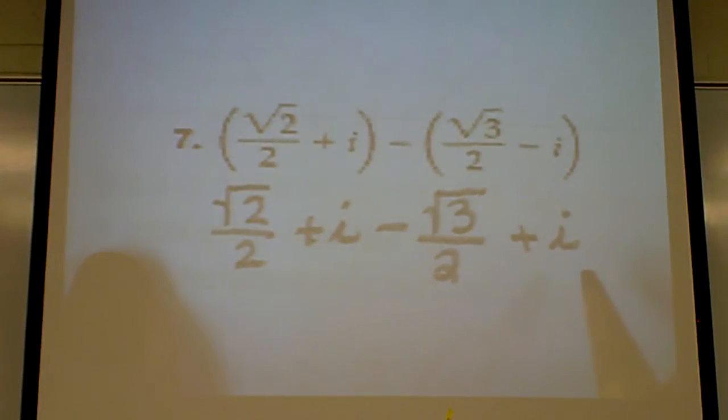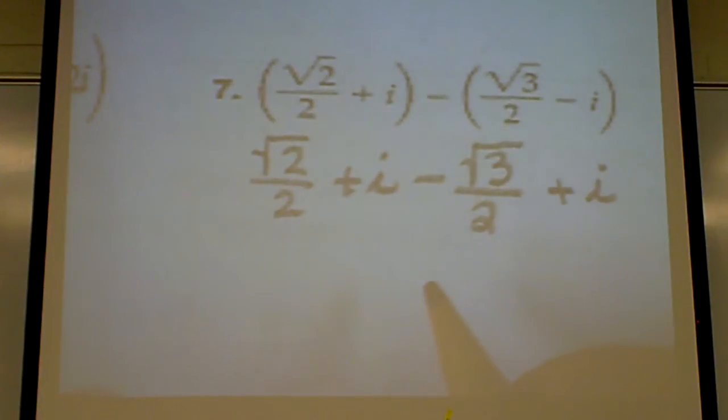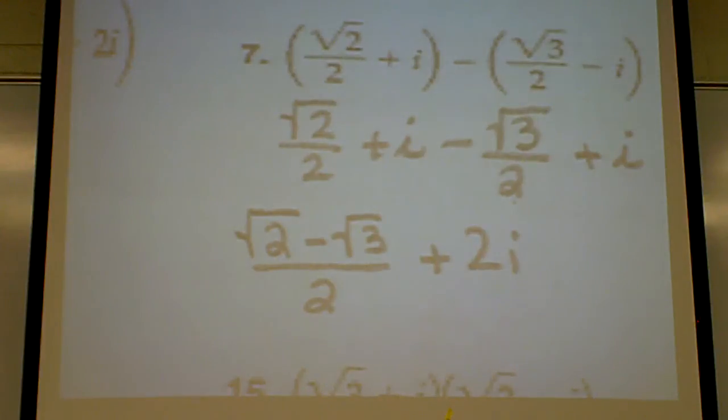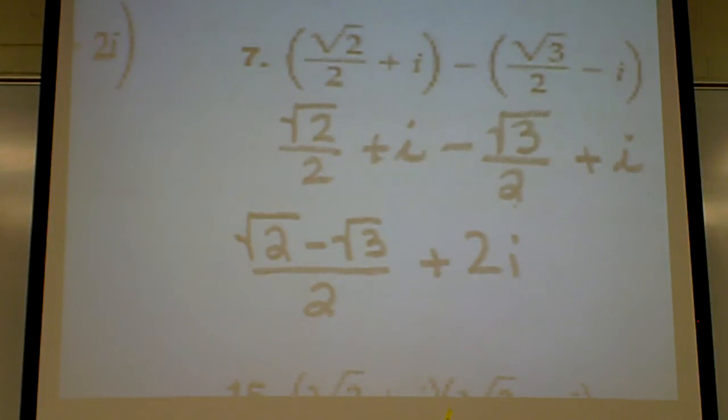I would just write this answer as, see, these two are like terms and actually have the same denominator. So I would write root 2 minus root 3 over 2 and then plus 2i. Just leave it like that. What else?